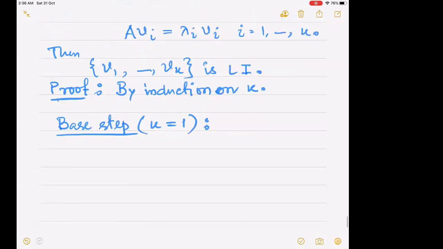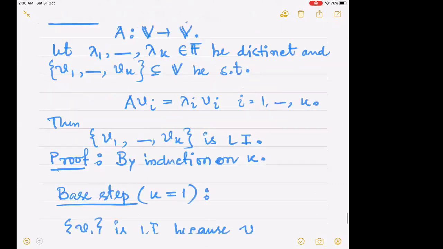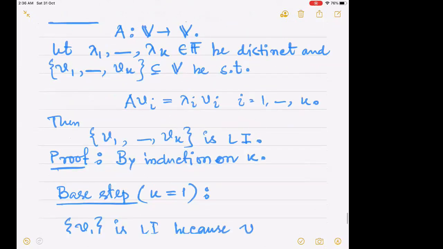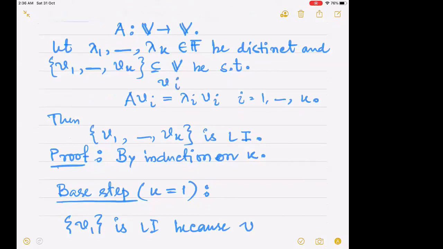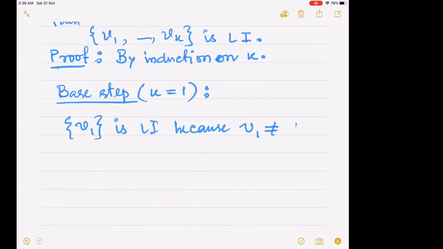In that case, the set V1 is linearly independent because these are eigenvectors, so the Vi's are non-zero. V1, by assumption of the lemma, is non-zero. I have already mentioned that eigenvectors are by default non-zero vectors. So V1 is non-zero, therefore it must be linearly independent. When we have one single vector, if it is non-zero, it's linearly independent. So the base step is done.